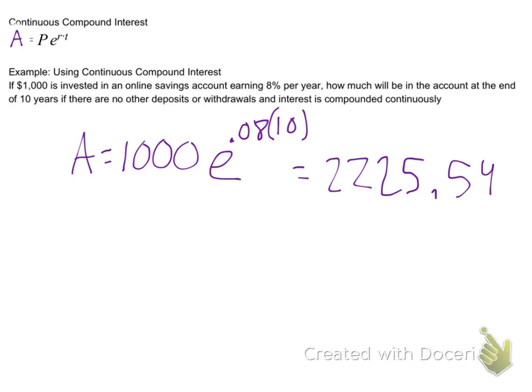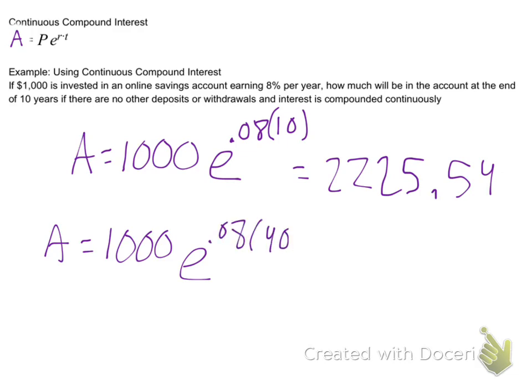So now let's talk about this situation. What if, guys, we took this $1,000, invested it at 8%, which is a good rate, and left it there until you wanted to retire? Let's just say 40 years from now you're going to retire. So what if I left that $1,000 sit at a continuous rate of 8% for 40 years?